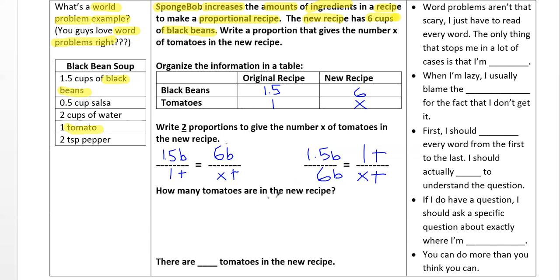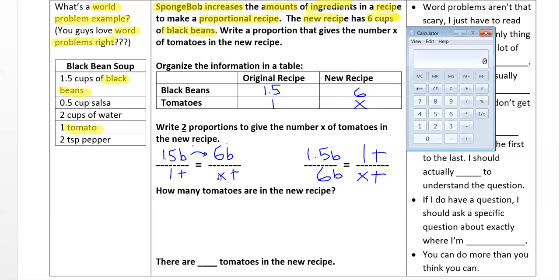How many tomatoes are in the new recipe? There are 2 different ways so far we've learned how to figure out the number of tomatoes. We can work horizontally or vertically. It doesn't matter which. Let's try working horizontally. How do you get from 1.5 to 6? You multiply by 4, but say you didn't know.